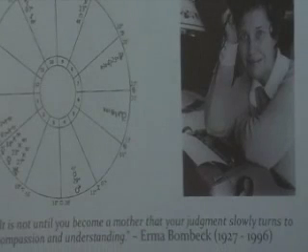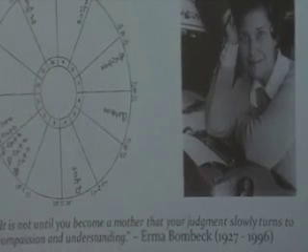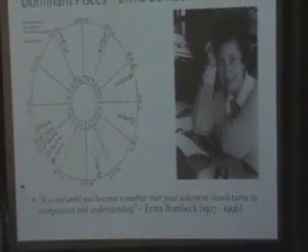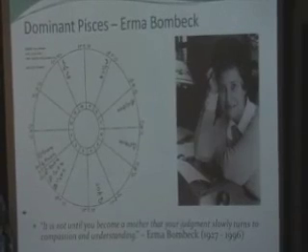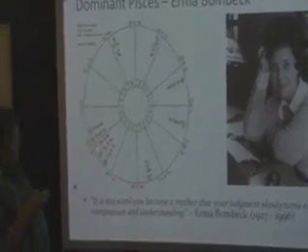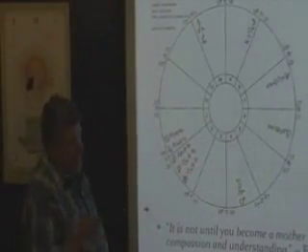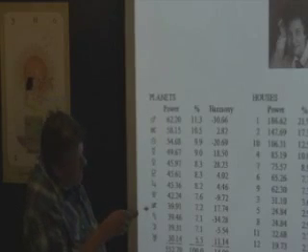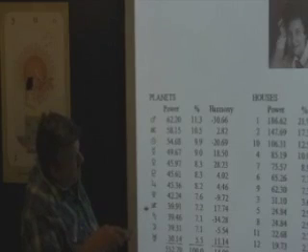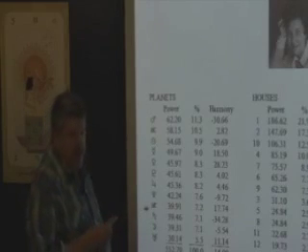Erma Bombeck: "It is not until you become a mother that your judgment slowly turns to compassion and understanding." Spoken like a Pisces. All right, Sun in Pisces, Jupiter in Pisces, Mercury in Pisces, Venus in Pisces, Uranus in Pisces. Let's look at the totals. Whoops, come back, Erma. 29.1% of her power is in Pisces.